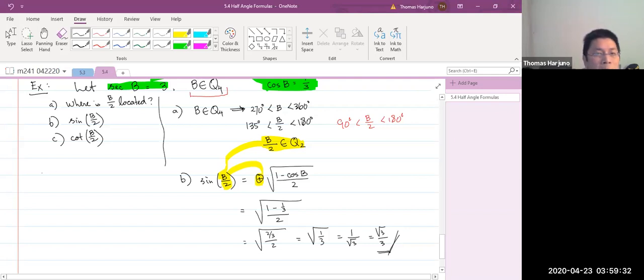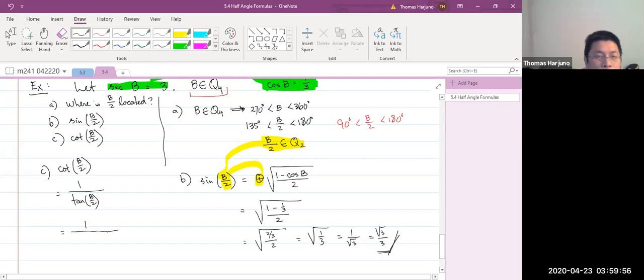And how about part C? Cotangent of B over 2. Now, this is 1 over tangent B over 2. Okay, now then I use one of the formulas for B over 2.